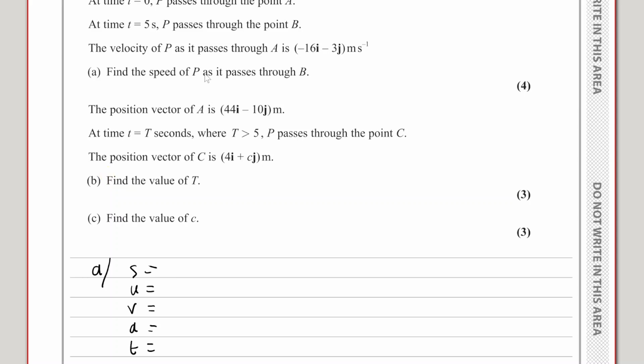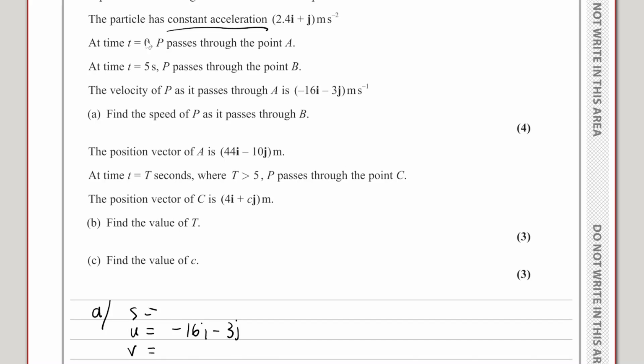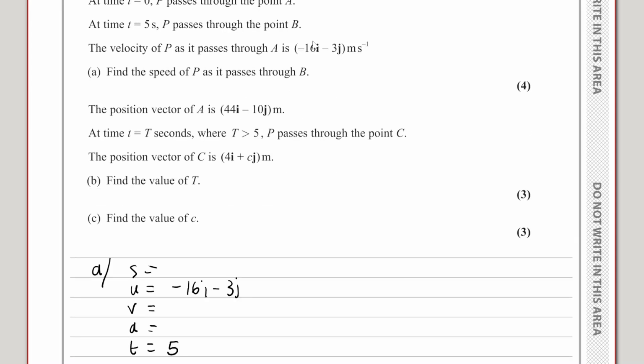So we are 5 seconds. Velocity originally is negative 16i minus 3j. We have constant acceleration, 2.4i plus j.